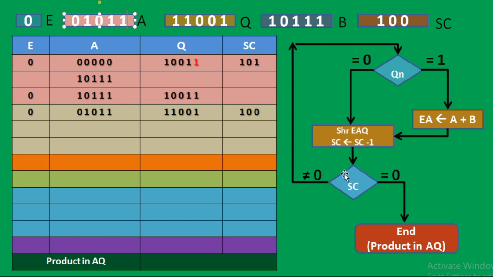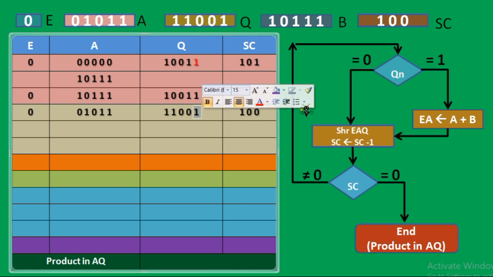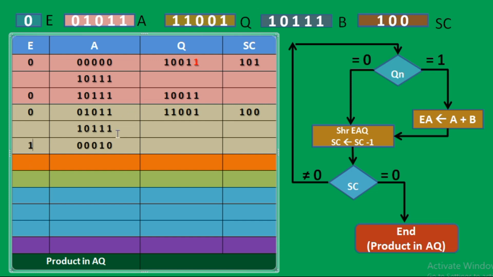Now is the counter value equal to 0 or not? Not equal to 0. That's why check the QN value once again. Here the QN value is 1, so the same step again. Add B, which is 10111. After adding, we get 00010 and a carry of 1. Q is the same, 11001.